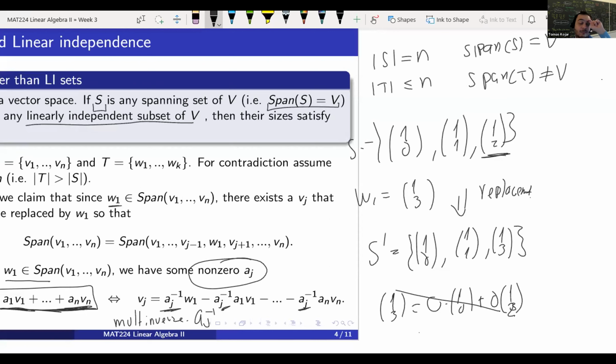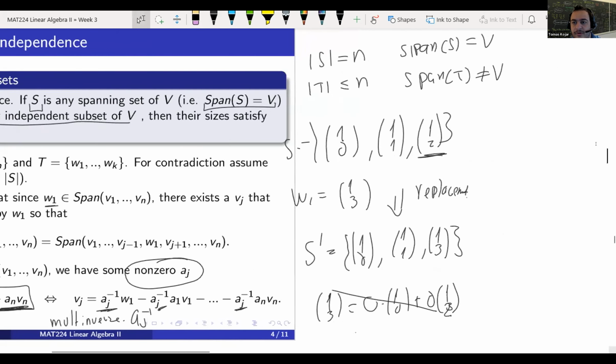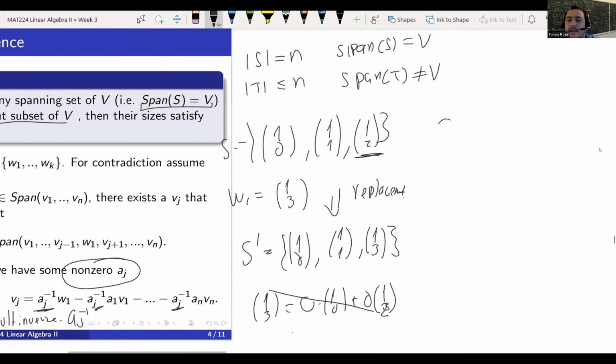In other words, when you have a linearly independent set and you know that its size is strictly less than something we will talk about, the dimension, then you need to add more vectors. As a concrete example, take S to be (1, 0, 0), (0, 1, 0), and (1, 1, 0).